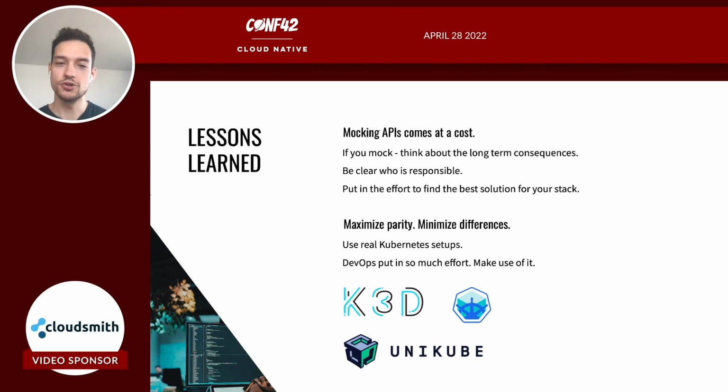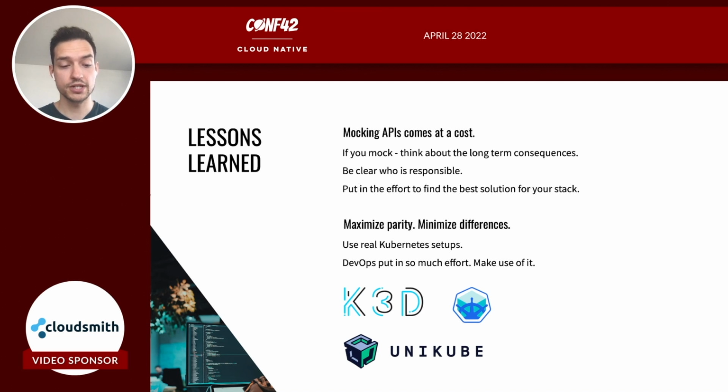So we try to maximize the parity between the different environments our software runs in, and we try to minimize the differences. Basically what we do is in our development lifecycle, we use a real Kubernetes setup for our developers.